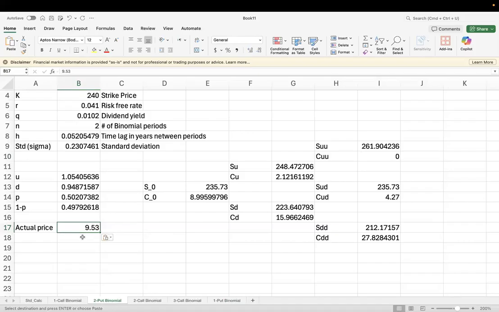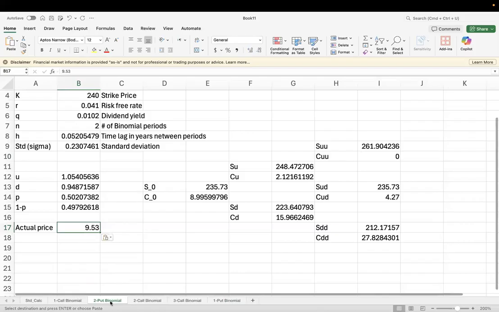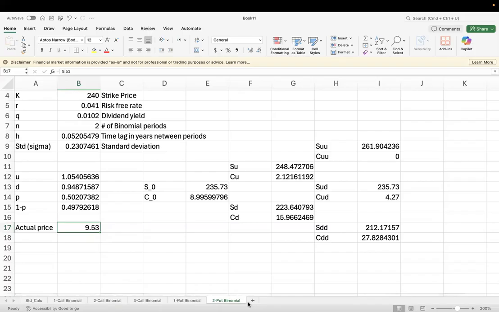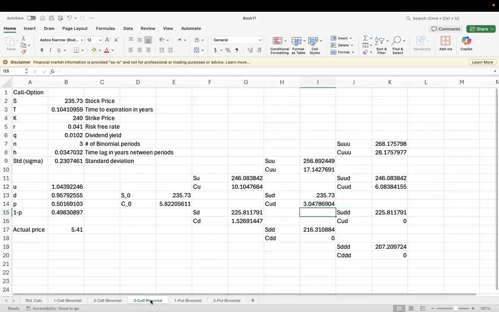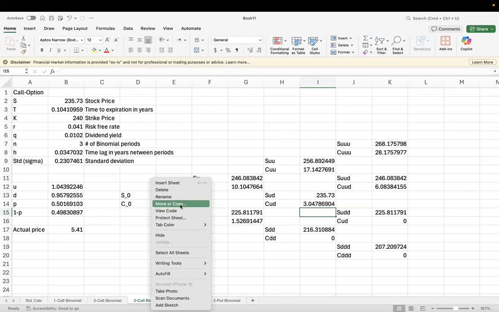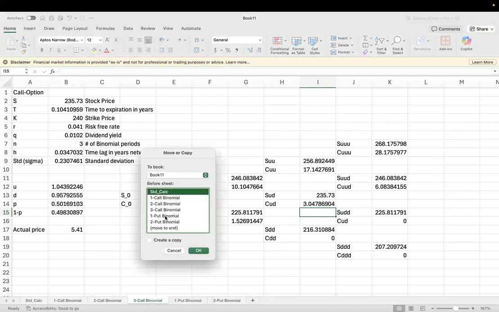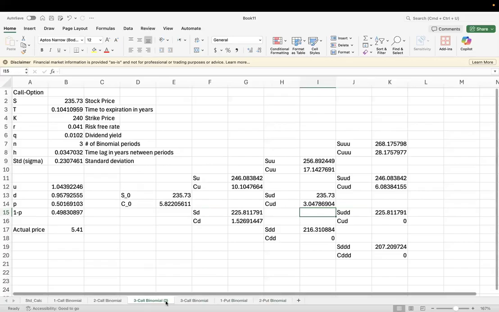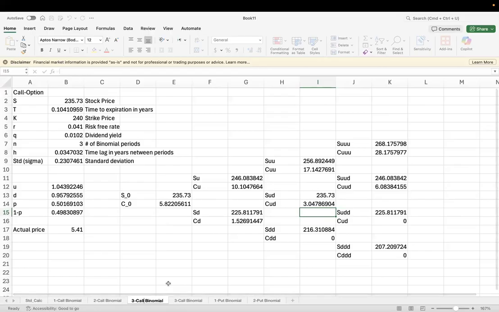Okay, that's put for 2 and then I'm gonna do put for 3 as well. So let's copy this one. Create copy, 3 call binomial. Let's call this 3 puts binomial.